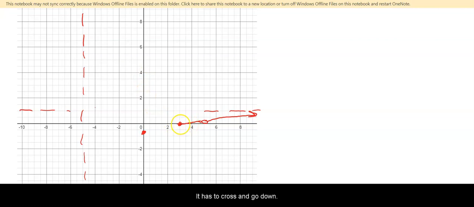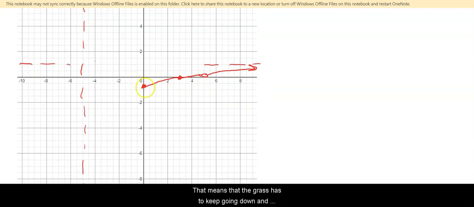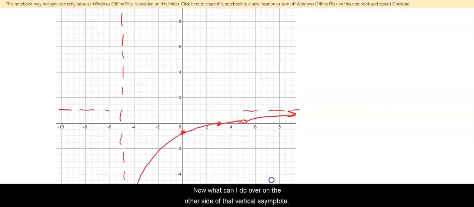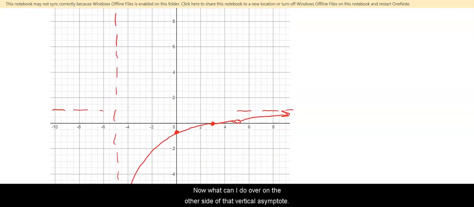It has to cross and go down. Once it's below the axis, it never crosses again because there are no other X-intercepts. That means that the graph has to keep going down and get close to the vertical asymptote at -5, headed towards negative infinity.